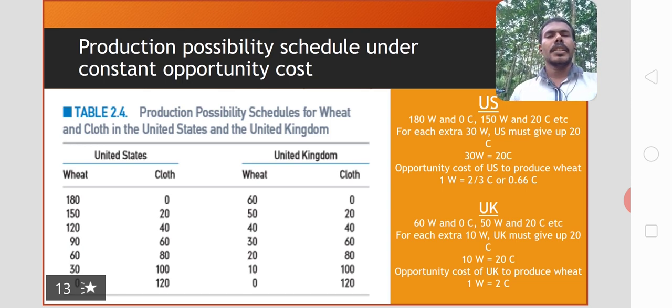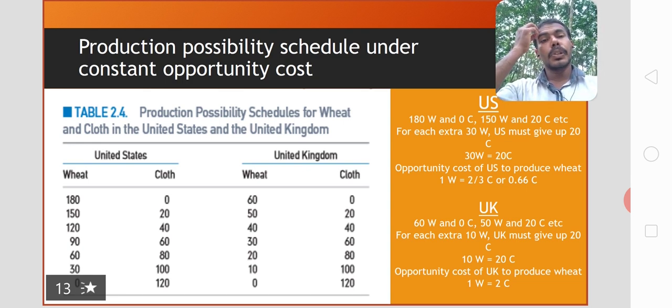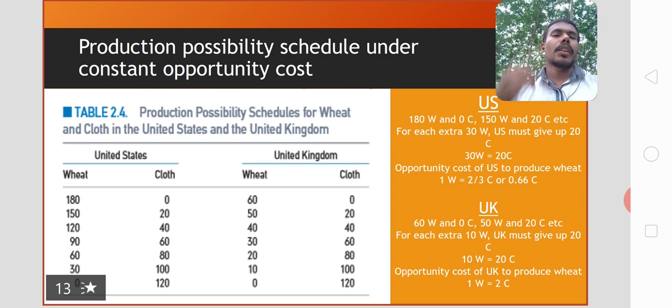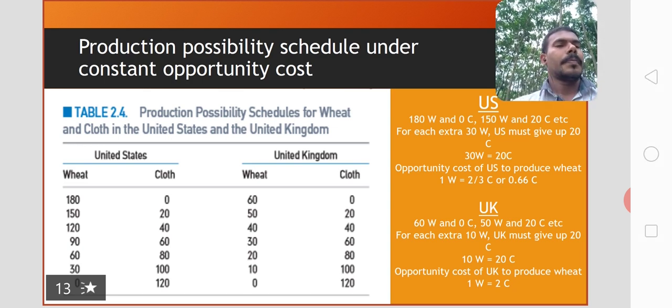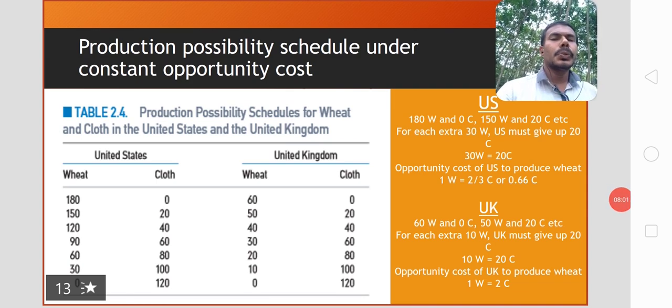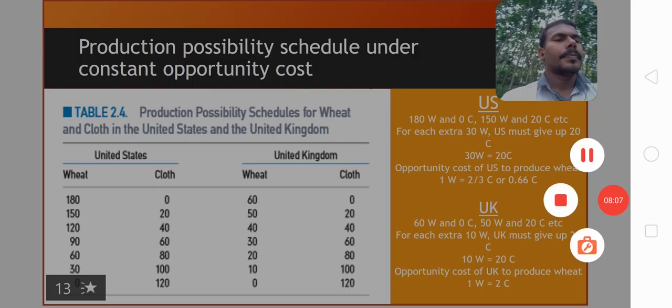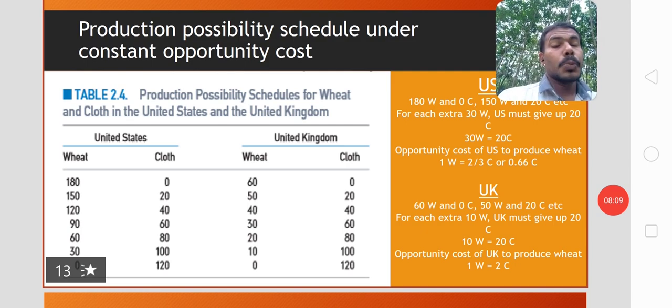So 20 is equal to 30. So this is 2 is equal to 3. Then it is 3 by 2, that is 1.5.